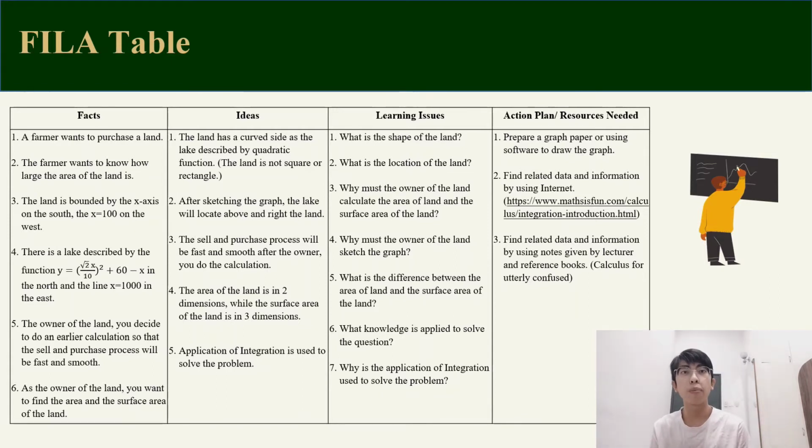Number 3, the sale and purchase process will be fast and smooth after the owner, that's you, does the calculation. Number 4, the area of the land is in 2 dimensions, while the surface area of the land is calculated in 3 dimensions. Number 5, application of integration is used to solve the problems.